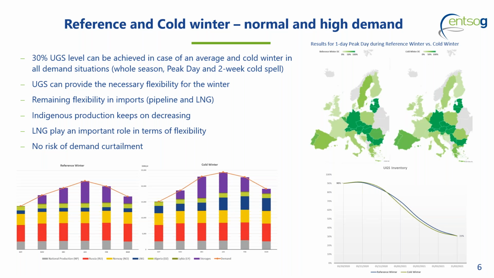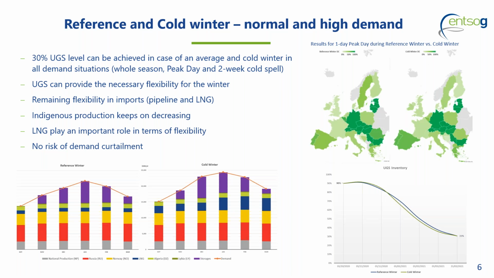As I said in the introduction, we were checking two different demand situation cases: the reference case, which is the winter data for the next winter, and the cold winter, which is the highest historical data. The outcome of both simulations is that a sufficient level of gas in the storage at the end of the season can be achieved.